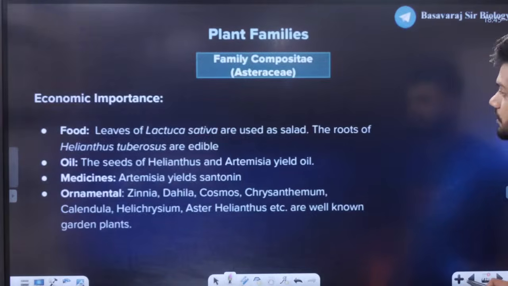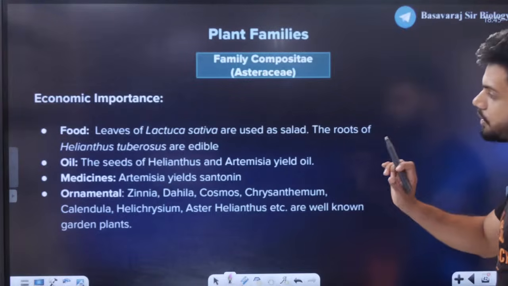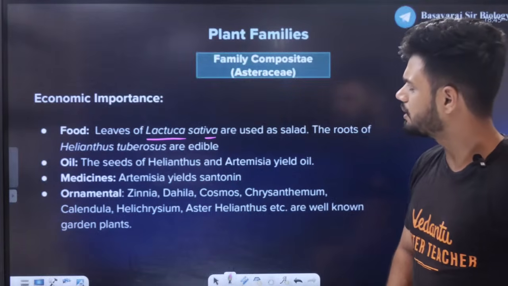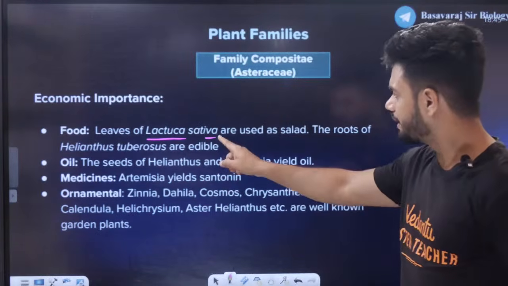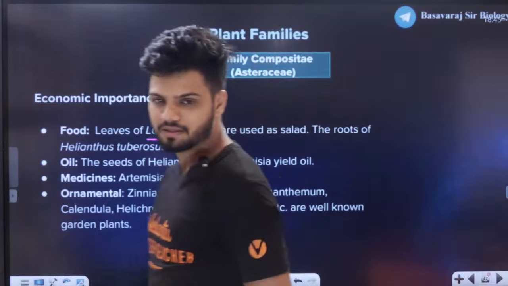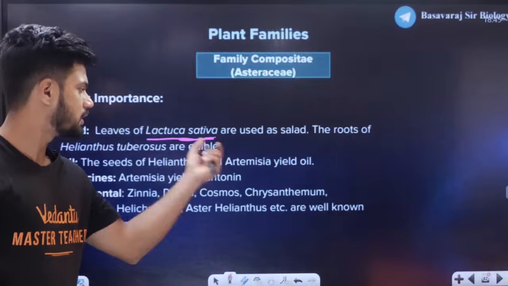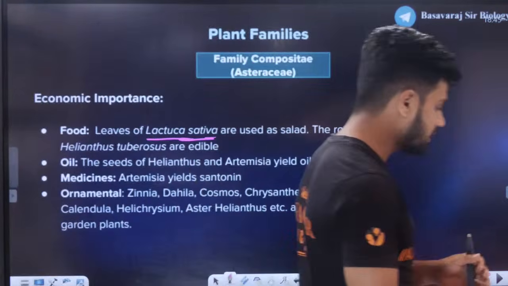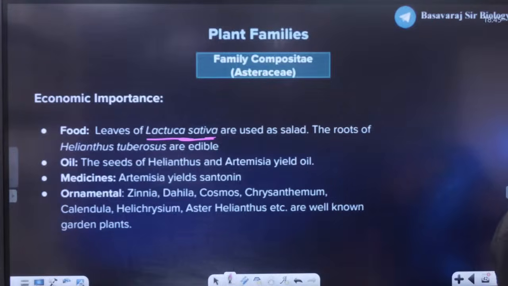Now, students, economic importance: leaves of Lactuca sativa. What is this? It is present in your burger. You eat at McDonald's, KFC, Burger King. The green thing they add in the burger. What is that, students?